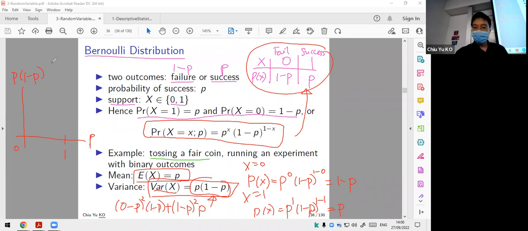When P is 0, P times 1 minus P is 0, right? When P is 1, P times 1 minus P is also 0, right? And you know that it is a parabolic curve, right? Something like this would happen, right?